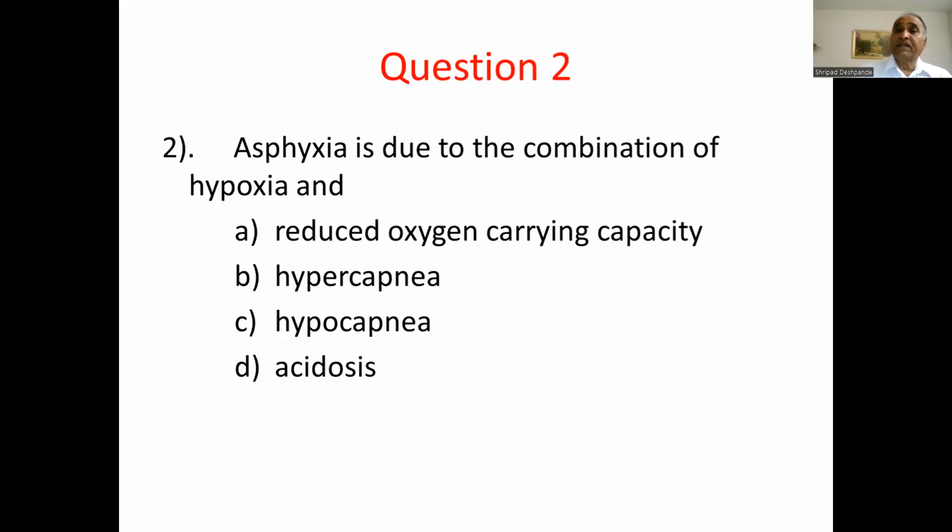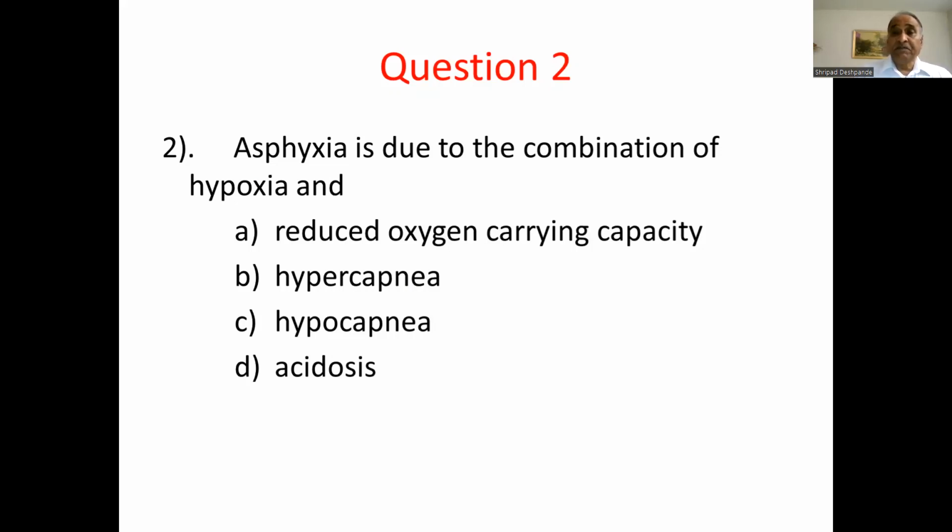Asphyxia is due to the combination of hypoxia and A, reduced oxygen carrying capacity, B, hypercapnia, C, hypocapnia, D, acidosis. Asphyxia is a condition in which there is obstruction to the airways, or as happens in case of pneumonia, where no gaseous transfer is taking place, or as happens in drowning, where water is there and no gaseous exchange can take place.